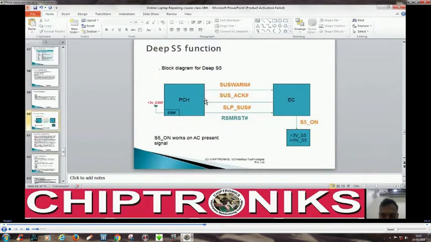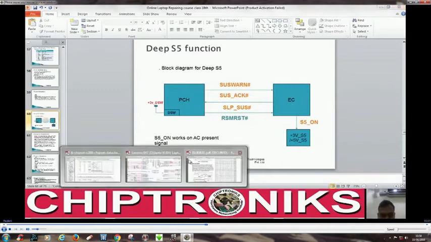After the EC gives SUS_ACK, the PCH will generate SLP_SUS, and the EC will generate S5_ON first. This S5_ON will generate +3VS5 and +5VS5, which will feed the SUS part of the PCH. And after the PCH gets all these voltages, the EC, after power button pressing, will release the RSMRST signal to the PCH.